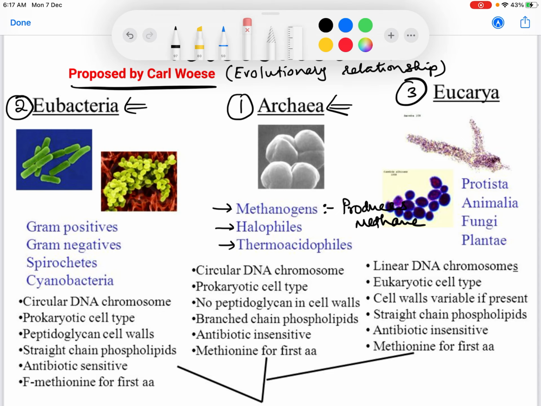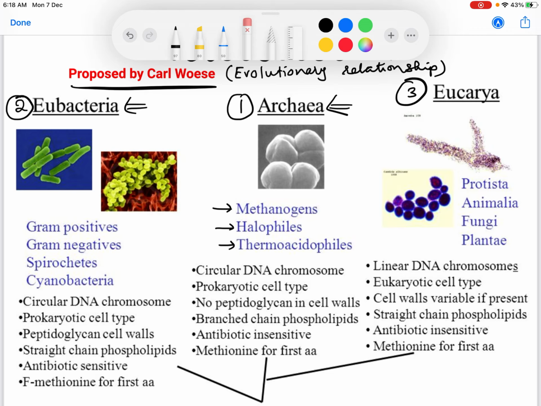These are a few bacteria which are found in the gut region of a few special types of mammals. Second, halophils. They are found in water with high salt, where a high concentration of salt is there.